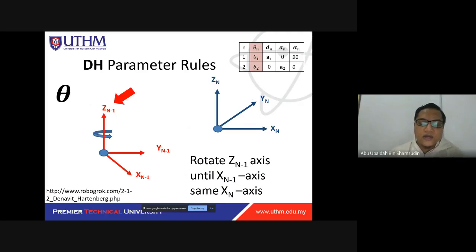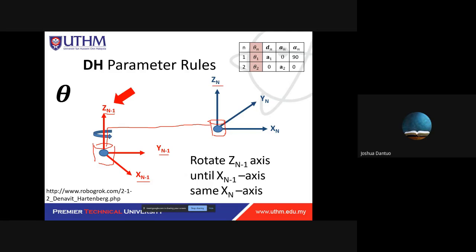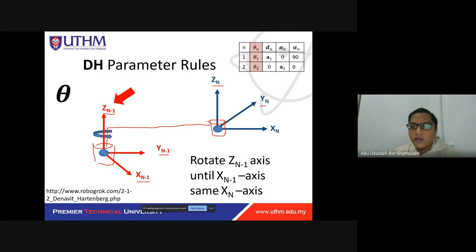So I will show you an example. This is your Zn minus 1, Yn minus 1, Xn minus 1. So this is your robot like this here. Then you have another joint here. So this is Zn, Yn, and Xn.